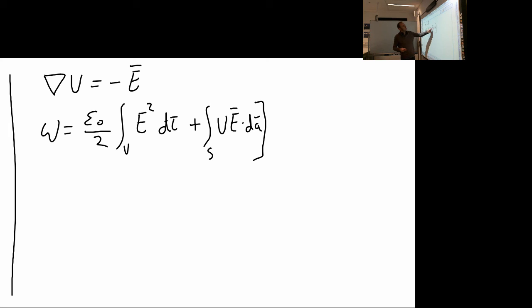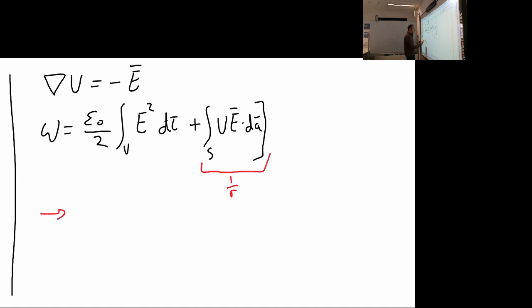However, the potential is going to go as 1 over R, whereas the electric field is going to go as 1 over R squared. So essentially the surface integral term is going to go as 1 over R. Okay, so as our volume increases, this surface integral term is going to decrease.